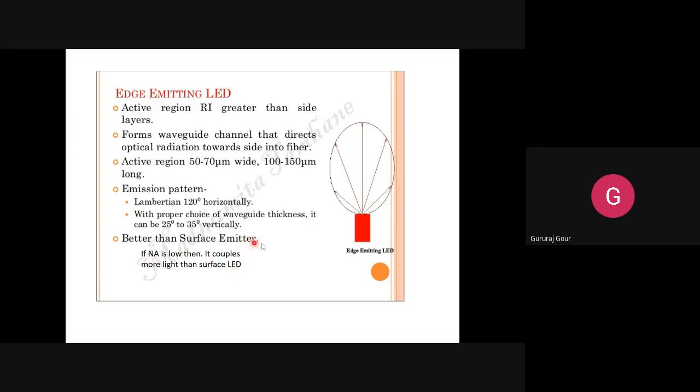So it is better than surface emitter, and we can enhance its performance if we use low numerical aperture materials. It couples more light than surface LED, and the low numerical aperture characteristic can enhance its efficiency, giving more coherent light than the surface emitter.